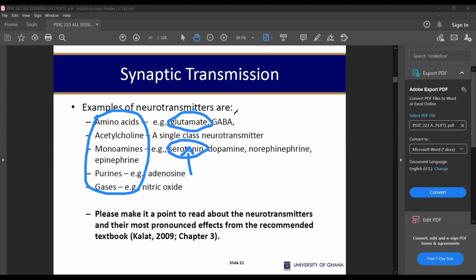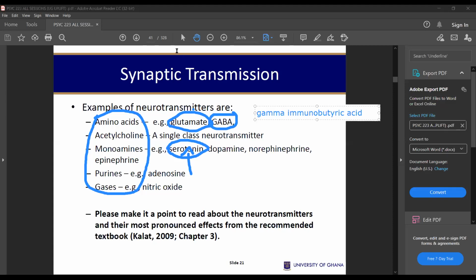Right. GABA is an inhibitory neurotransmitter. The full name of GABA is gamma amino butyric acid. GABA is an inhibitory neurotransmitter.